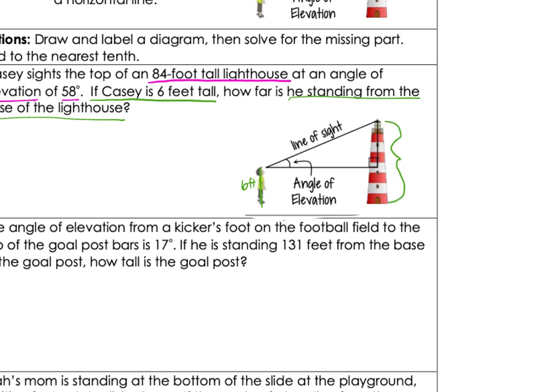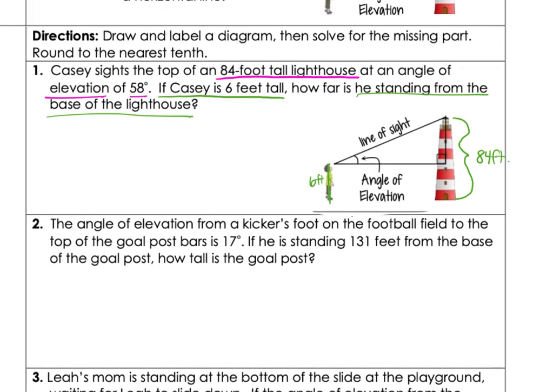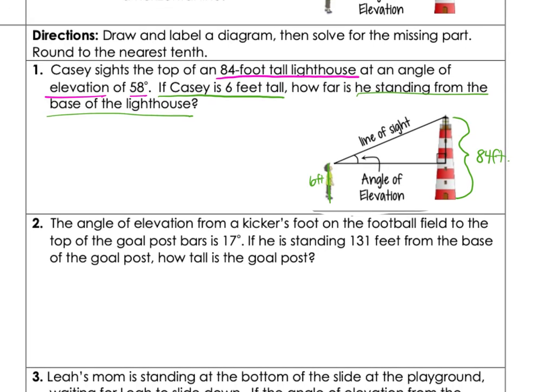Not just the triangle, is 84 feet. Okay. What else do we know? Angle of elevation. Where does that go? Where it says angle of elevation. It's not always going to say that because you're going to draw the picture. But it would go right here, right? 58 degrees.